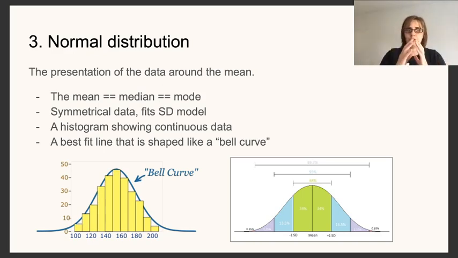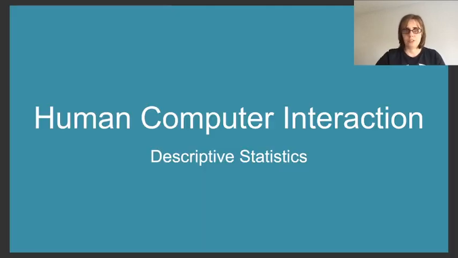We know that the average height is, let's say, 5'10", and then most people are a few inches either side of that, and then we have a few people who are particularly short and a few people who are particularly tall. So all of that together should give us this nice bell curve situation. And typically what we would do is test that and then move on and do our analysis.